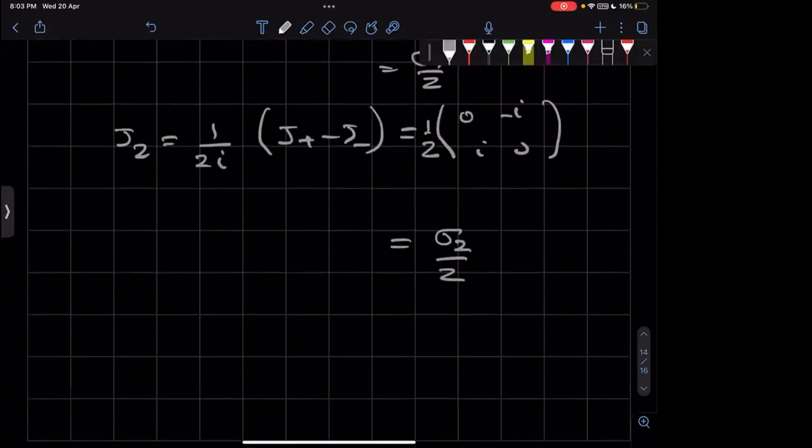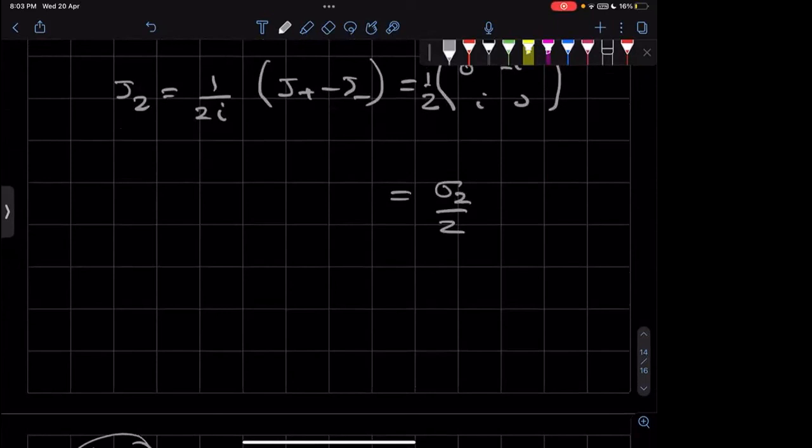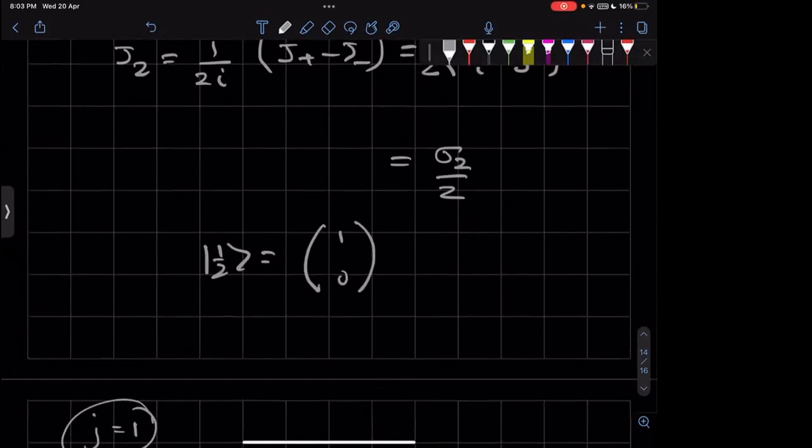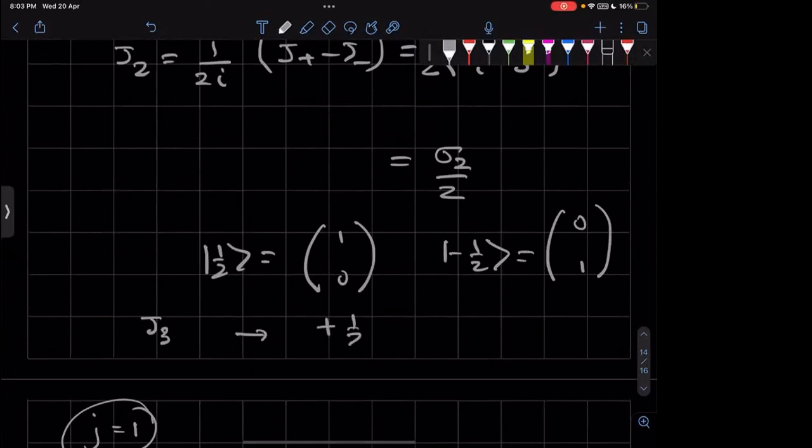And then, once you have these matrices, it's easy to see that half is nothing but 1, 0, up to some normalization constant, which we choose to be plus 1, some phase, and minus half is then 0, 1, because these are the eigenvectors of the J3 operator with eigenvalues plus half and minus half.